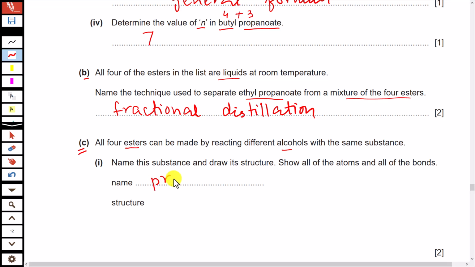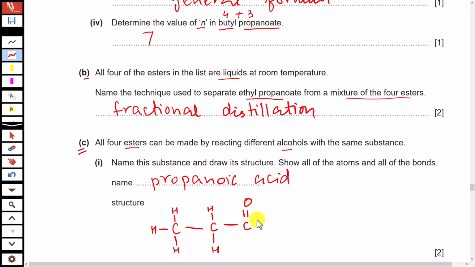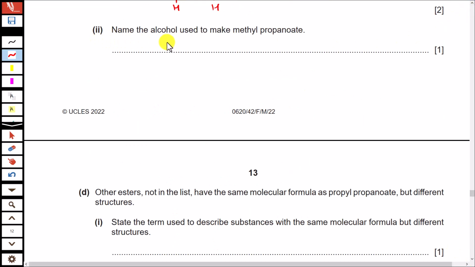The structure for propanoic acid is CH3, showing all the bonds, then CH2, carbon double bond oxygen, then oxygen single bond hydrogen. This is the structure for propanoic acid. Name the alcohol used to make methyl propanoate. The word methyl indicates that the alcohol used is methanol.